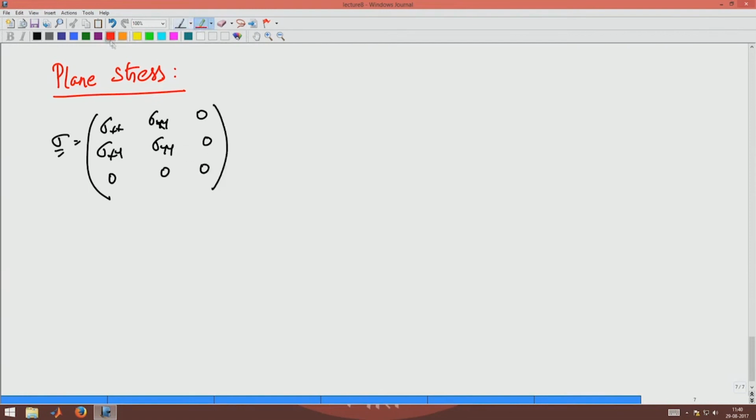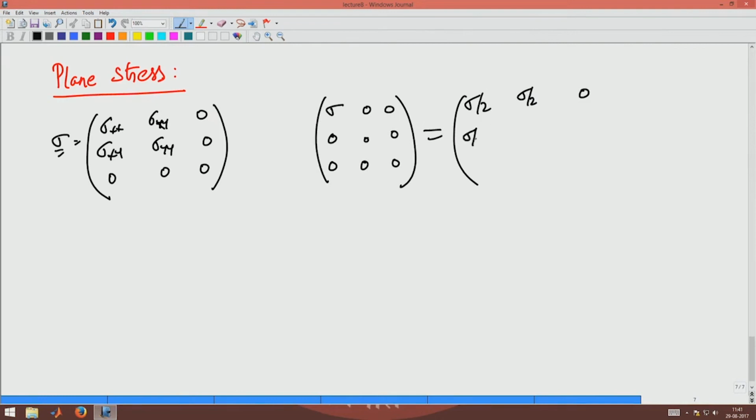Wherein one row and one column was 0 is what we said was a plane stress, but that is not an absolutely correct definition for a plane stress, because just like we saw the uniaxial state of stress sigma 0 0, 0 0 0, 0 0 0 can be represented as sigma by 2 sigma by 2 0, sigma by 2 sigma by 2 0, 0 0 0.